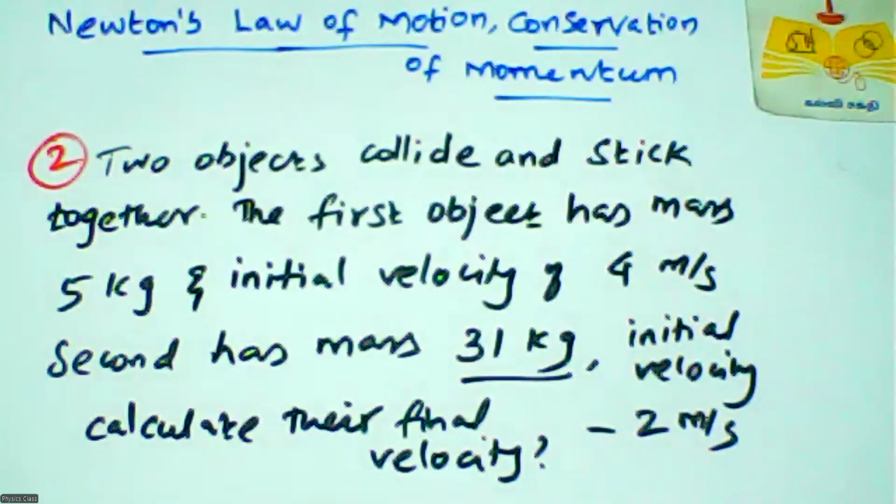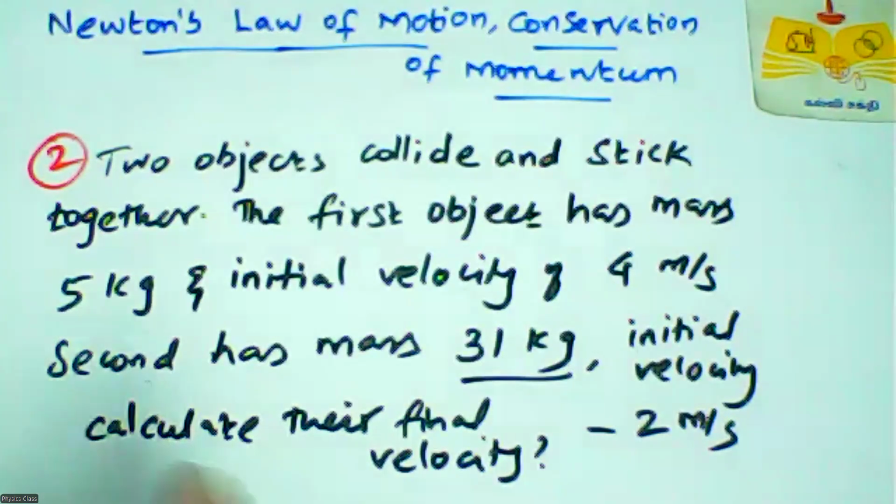So there is one v after the collision. If you know the answer for this sum, you can tell; otherwise, I will solve.